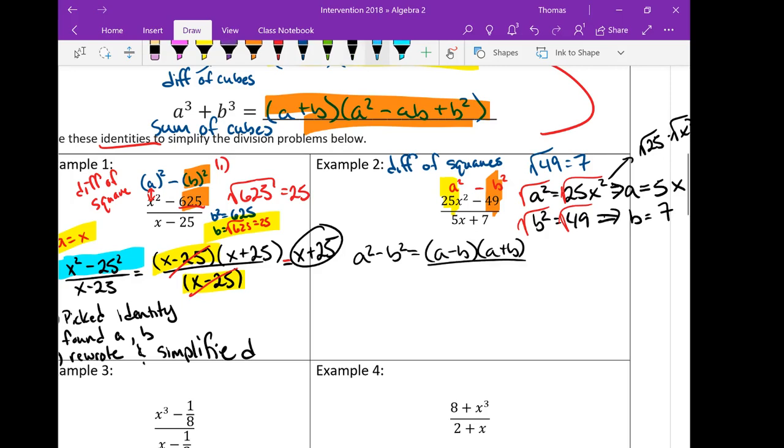So for us now, 25x squared minus 49 is going to be equal to a is 5x minus b is 7 times 5x plus 7. Let me zoom in on that.